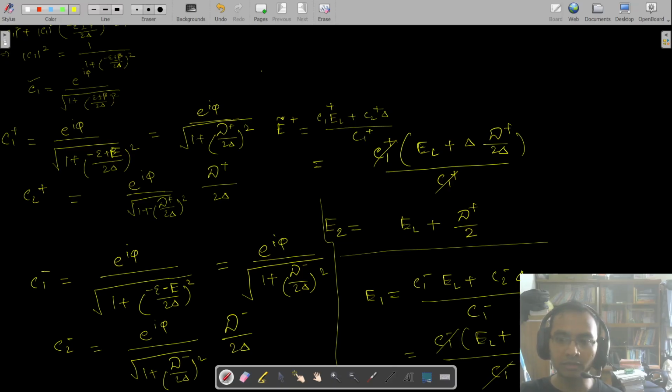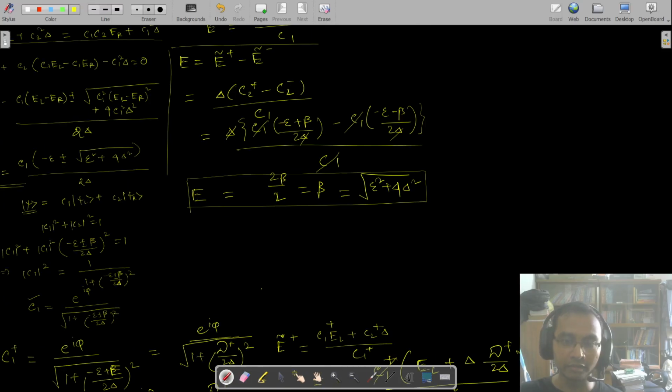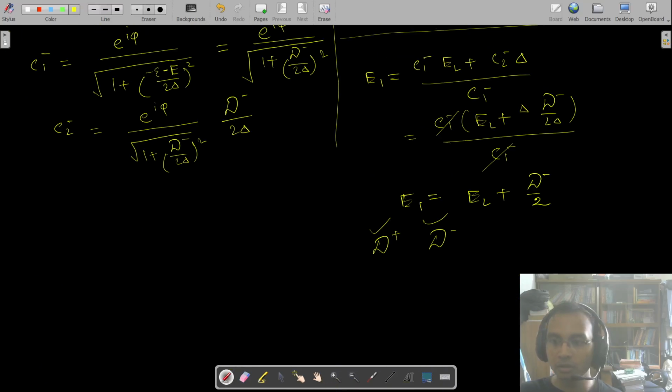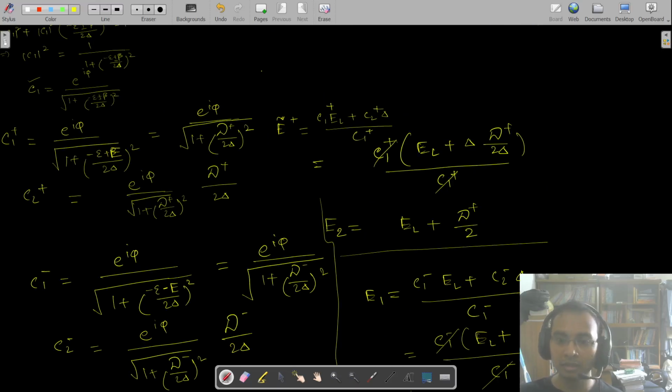This E is the difference between the two energy states, energy eigenstates, and that we have found out in terms of the known quantities, the first part right here. So this E1 is known, and this E2 is also known.